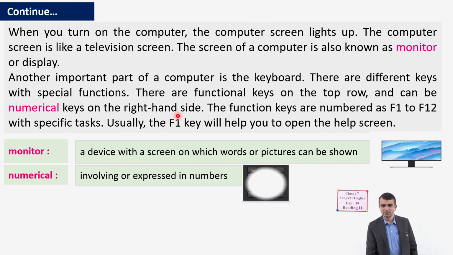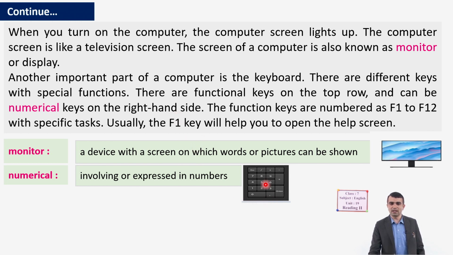You can see in the picture, there are numbers. So in the keyboard also there are numbers to type. Numerical keys on which side? Yes, right hand side. The function keys are numbered as F1 to F12 with specific tasks. Usually the F1 key will help you to open the help screen.